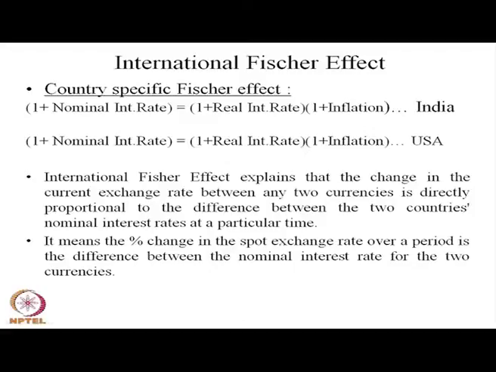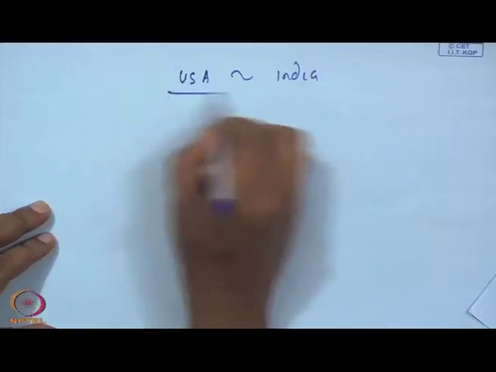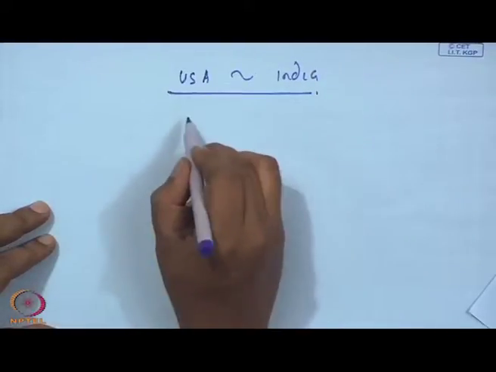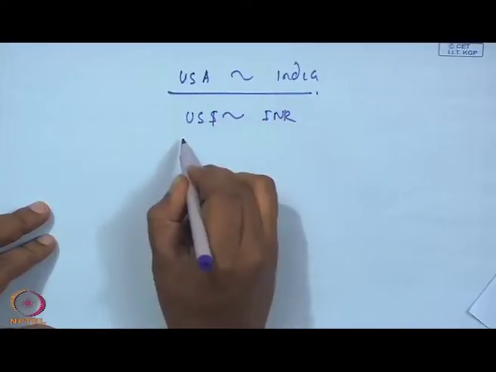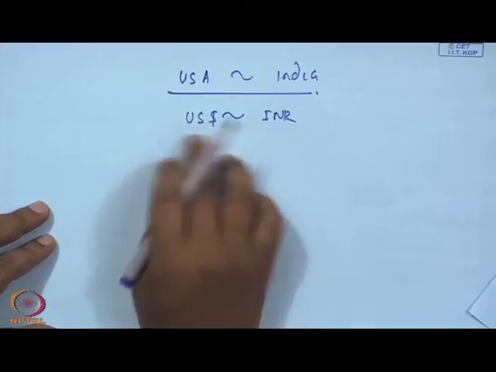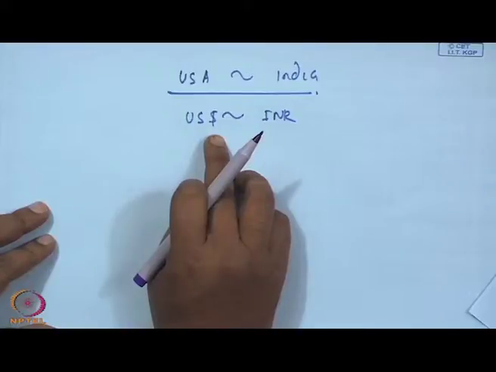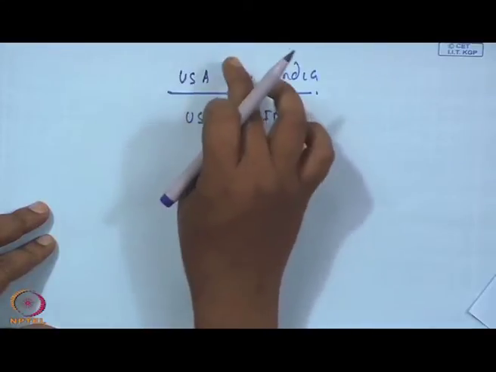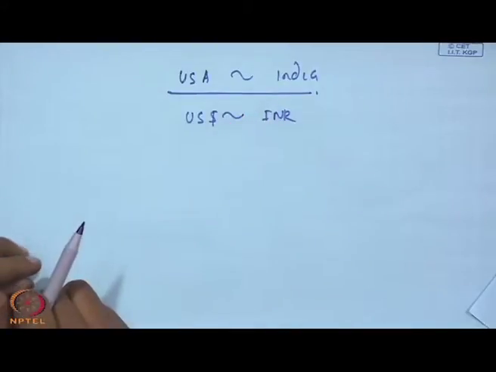It means that if you are taking into account the two countries, US and India, the movement of the exchange rate between the US dollar and the Indian rupee INR reflects the nominal interest rate between the two countries.